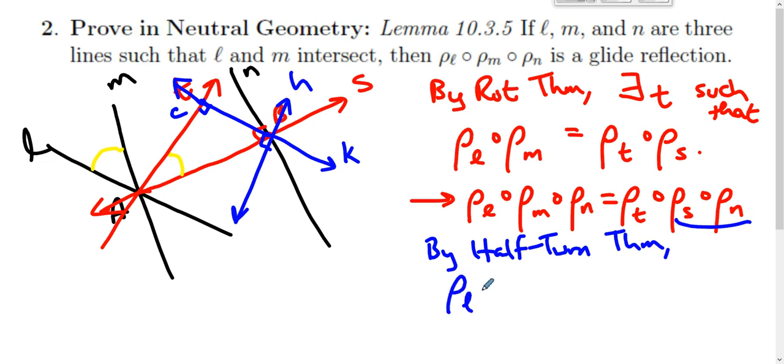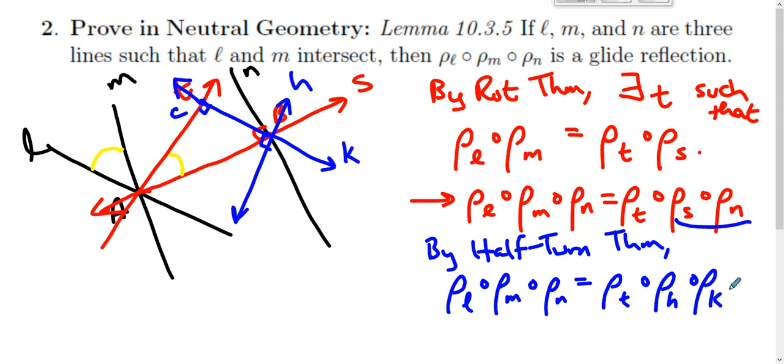So reflection in L composed with reflection in M composed with reflection in N is reflection in T composed with reflection in H composed with reflection in K. Half-turn theorem says it doesn't matter which two perpendicular lines I choose at B, they do the same thing.